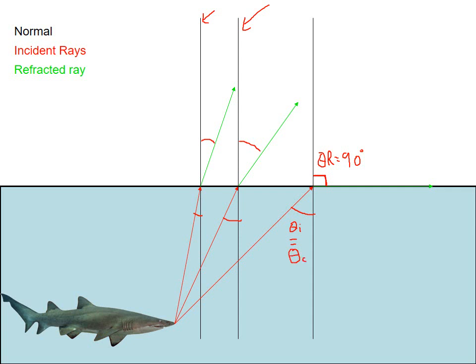So at the critical angle, the angle of refraction is going to be 90 degrees. In other words, the light ray will ride along the surface of the interface between the two media, or it'll be 90 degrees to the normal over here.